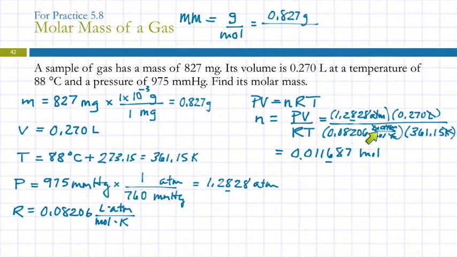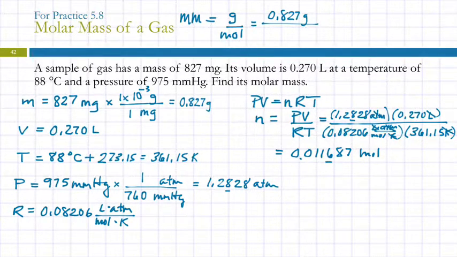In this example, we're dividing by R and we're dividing by T. So when you do this on your calculator, 1.2828 times 0.270 divided by 0.08206, you can't then say times, because your calculator's going to misunderstand. And you're going to end up with 1,500 instead of 0.011. I do divide by 361.